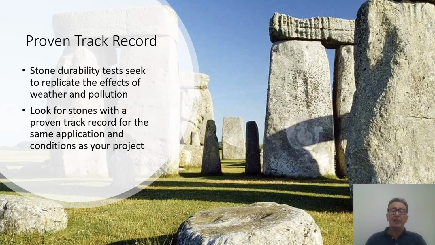Looking and identifying those stones that have performed well in your given application and environment should significantly improve confidence that the material that you're going to use will perform well.